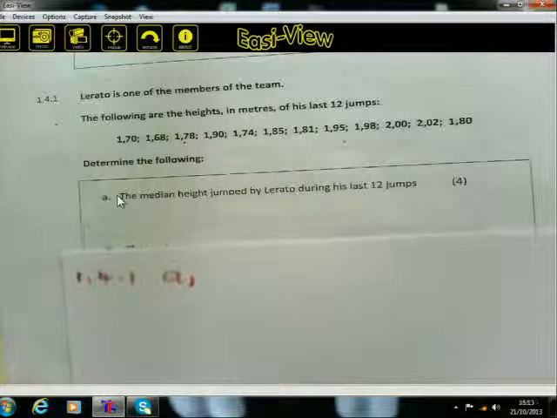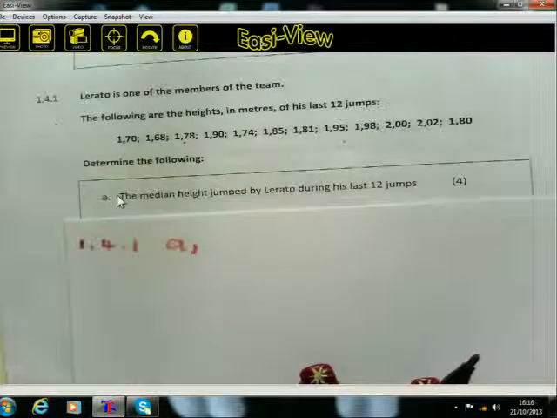So we had to calculate the median height jumped by Lerato during his last 12 jumps. As you have learned, before you can answer or calculate a median, you have to arrange your data in order from small number to a bigger number.